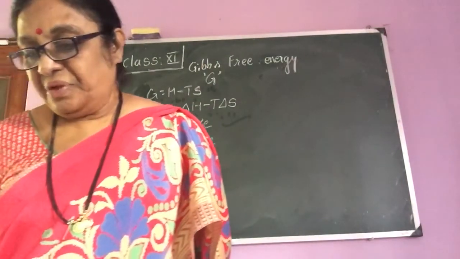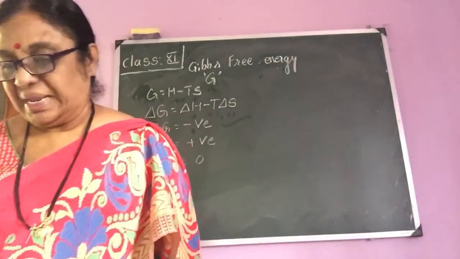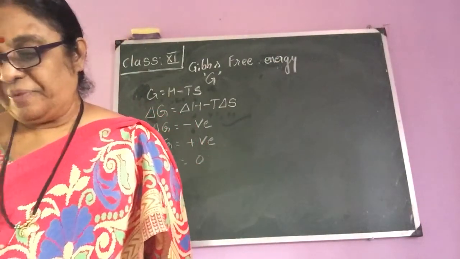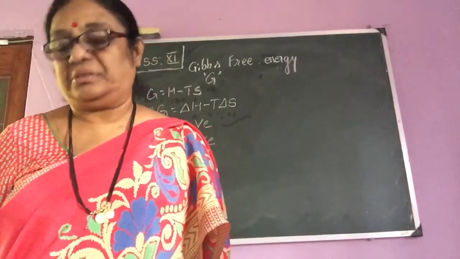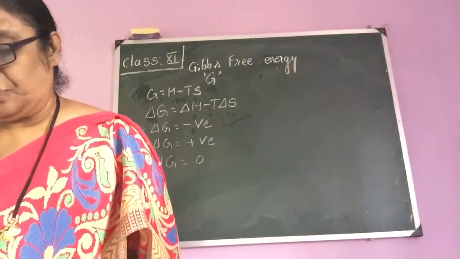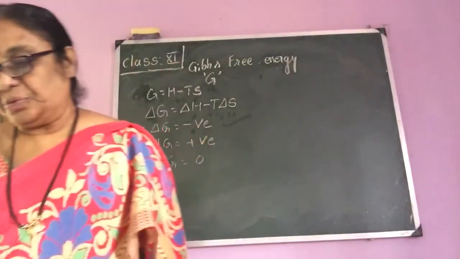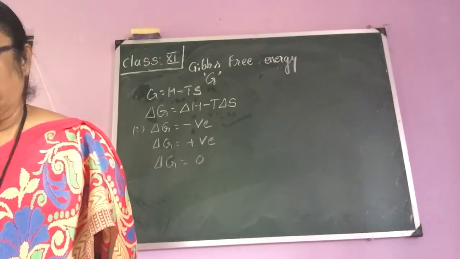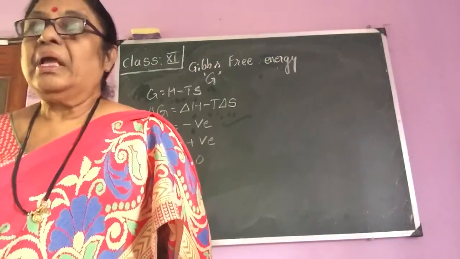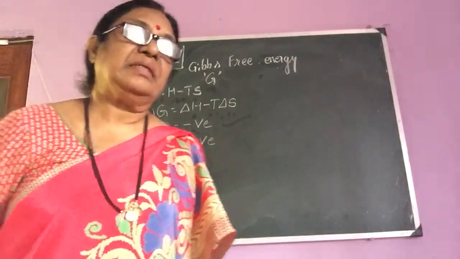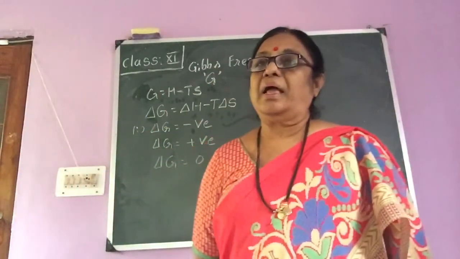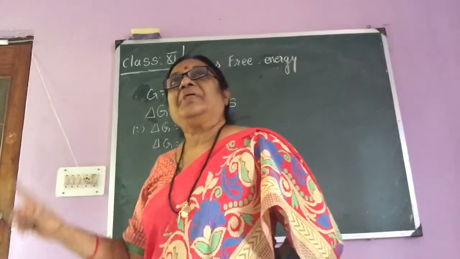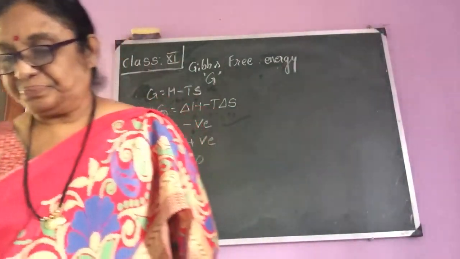Second, when the energy factor favors, del H is negative, and the entropy factor opposes the change, that is, entropy change is negative, then the magnitude of del H should be more than T del S. Now, the magnitude of del H should always be greater than the entropy factor. Then del G will be negative, and the reaction is said to be spontaneous.